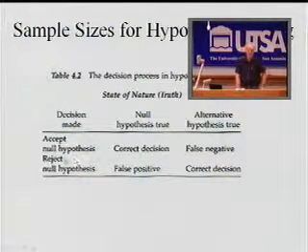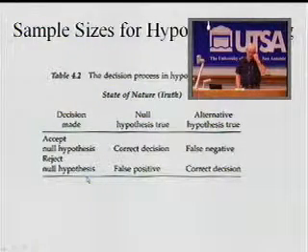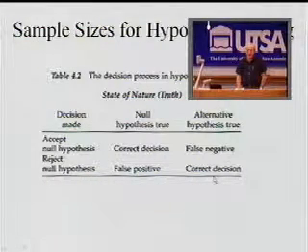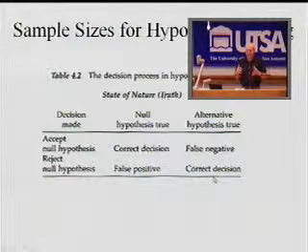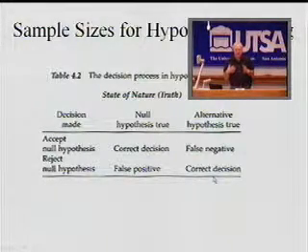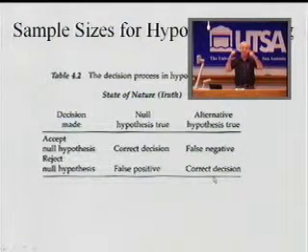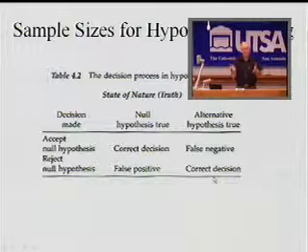The opposite, where you reject the null hypothesis because the alternative hypothesis is true, that would be a correct decision. And this is what you would like to have happen in your experiments, where you test for the null hypothesis with your statistical test, and you're hypothesizing that the difference between the sample means is so close to zero that statistically it looks like zero.